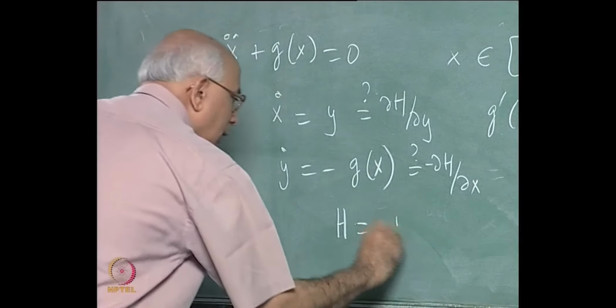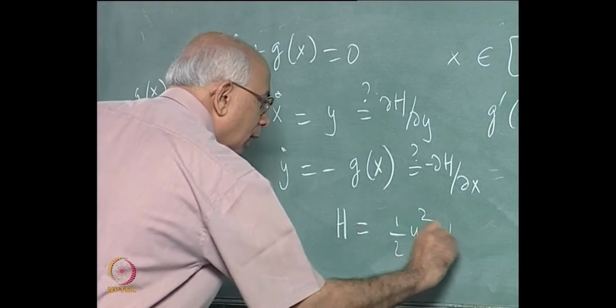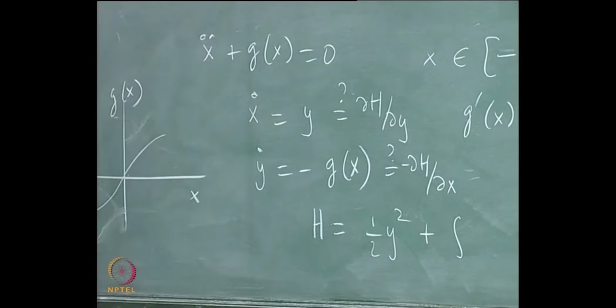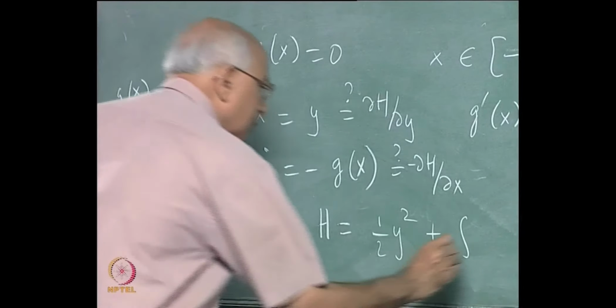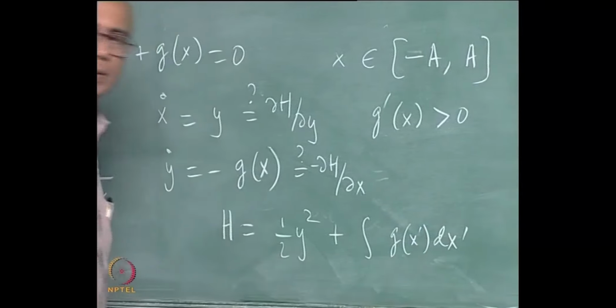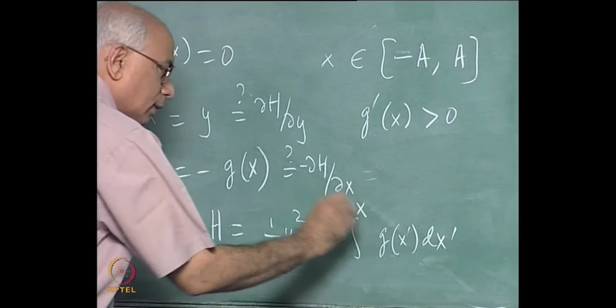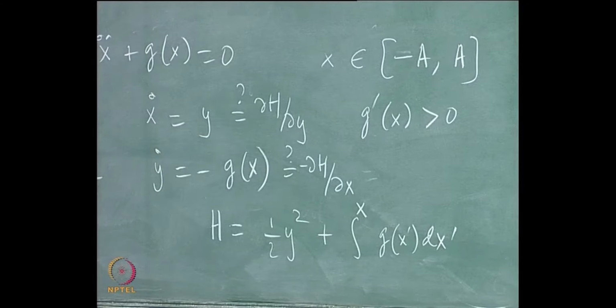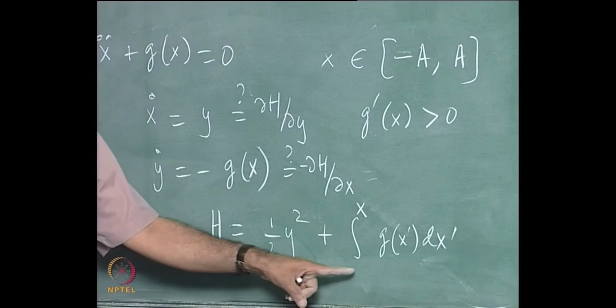Yeah, indeed, it is y squared over 2 plus an integral of g in this fashion up to some x. And if you choose a constant of integration appropriately, you could make this 0 onwards.